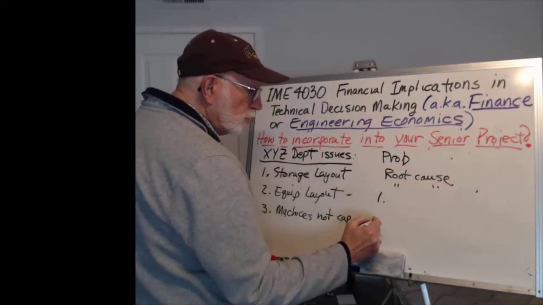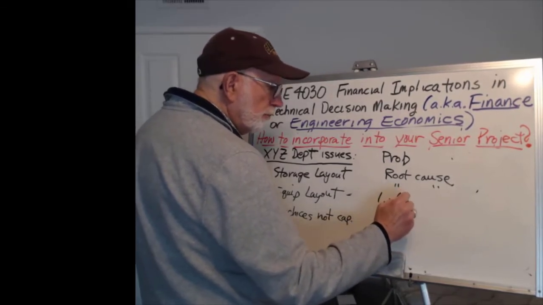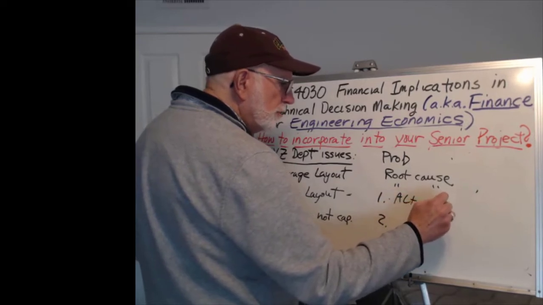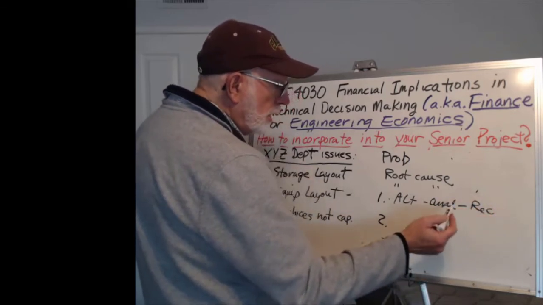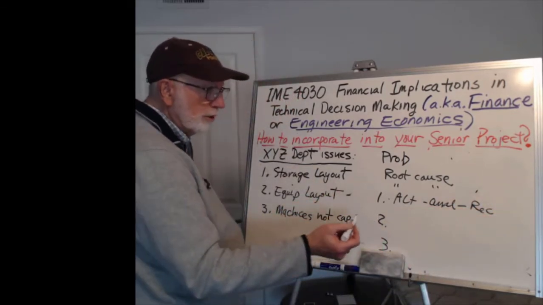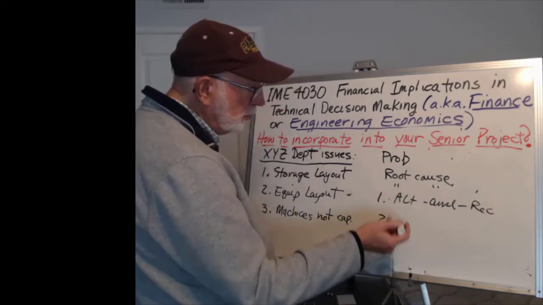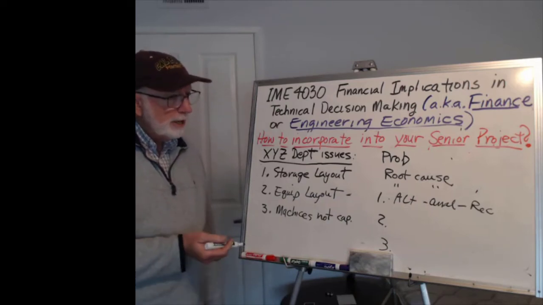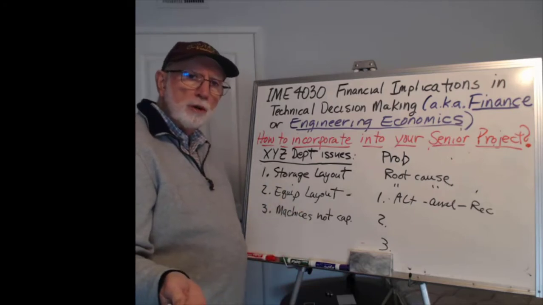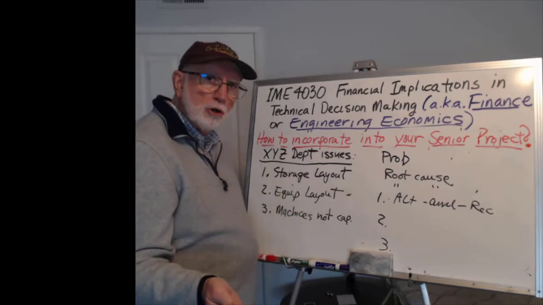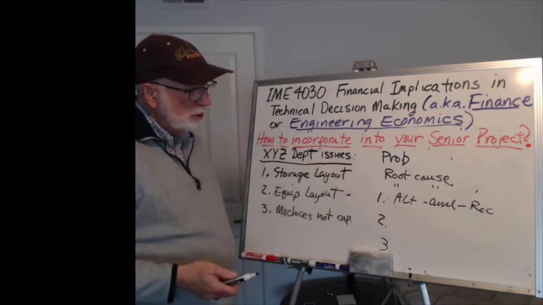And then for each one of those root cause problems, you would explain the alternatives, maybe the analysis, and then your recommendations based on everything, including net present worth. And then you would make your recommendations on which alternatives you recommend, and you'd be able to give them a total cost, and you would also be able to show them what that means in terms of return on their investment. Now, these would all be in the written report.